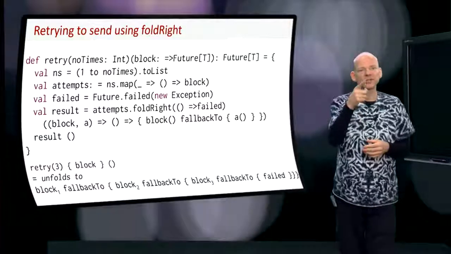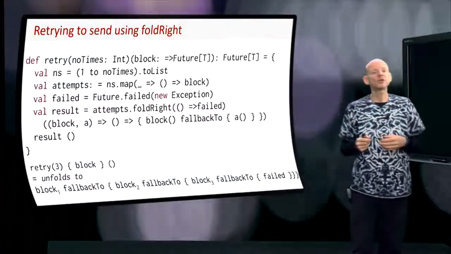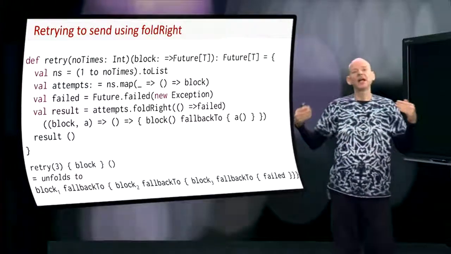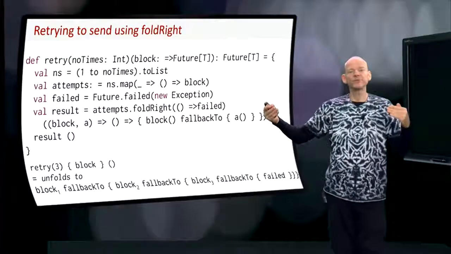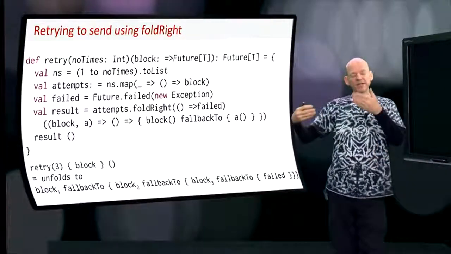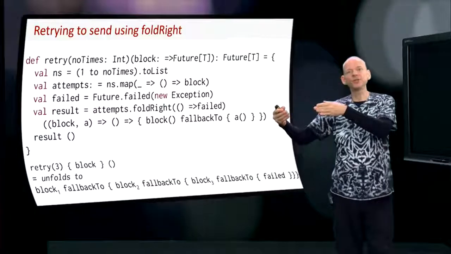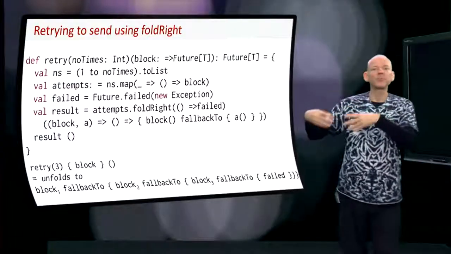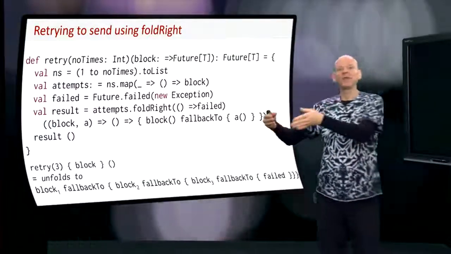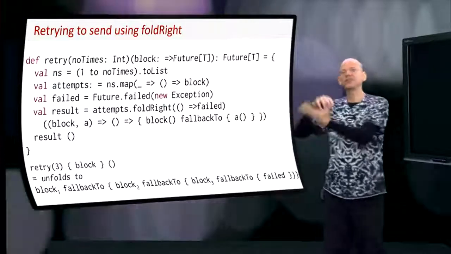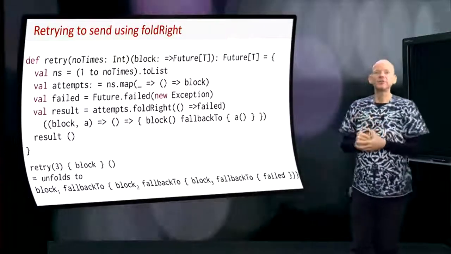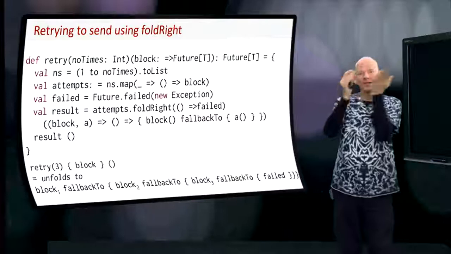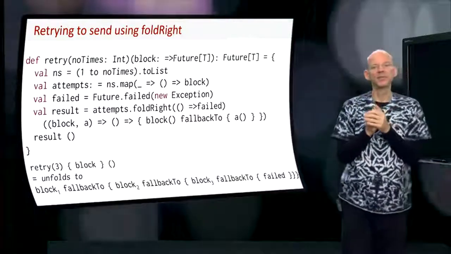The combination function now takes a block on the left and a function that returns a future on the right, and we have to return a function that returns a future. How do we do that? By calling the block and then falling back to the accumulated function. So here you see that everything is reversed, and when you unfold this, you will see this here.